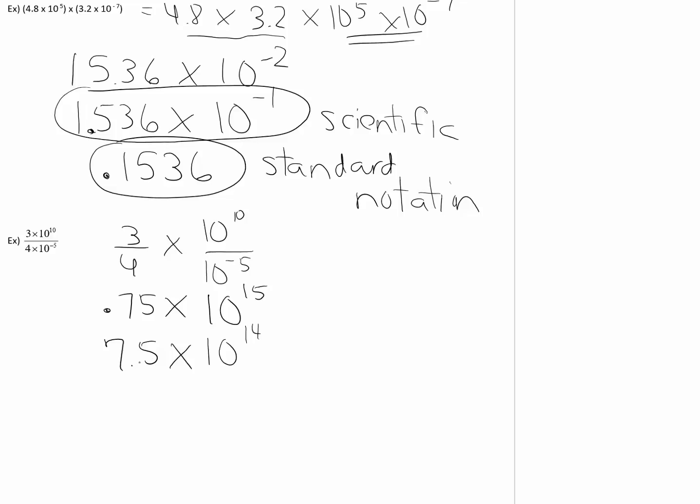Now, as a decimal, I've got 1 to the right, but then I need 13 placeholders. So let's see if I can write it on the screen here. Okay, so let's count. 1, 2, 3, 4, 5, 6, 7, 8, 9, 10, 11, 12, 13, 14.